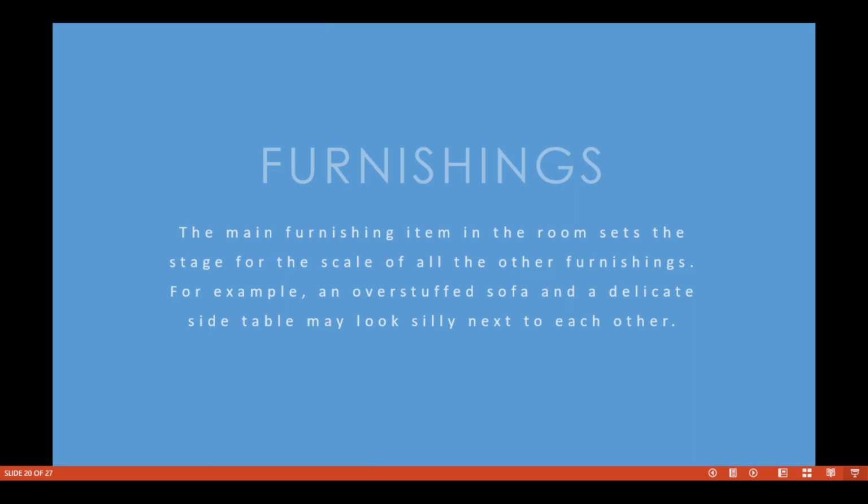Now talking of furnishings, the main furnishing item in the room sets the stage for the scale of all other furnishings. For example, an overstuffed sofa and a delicate side table may not gel well with each other.